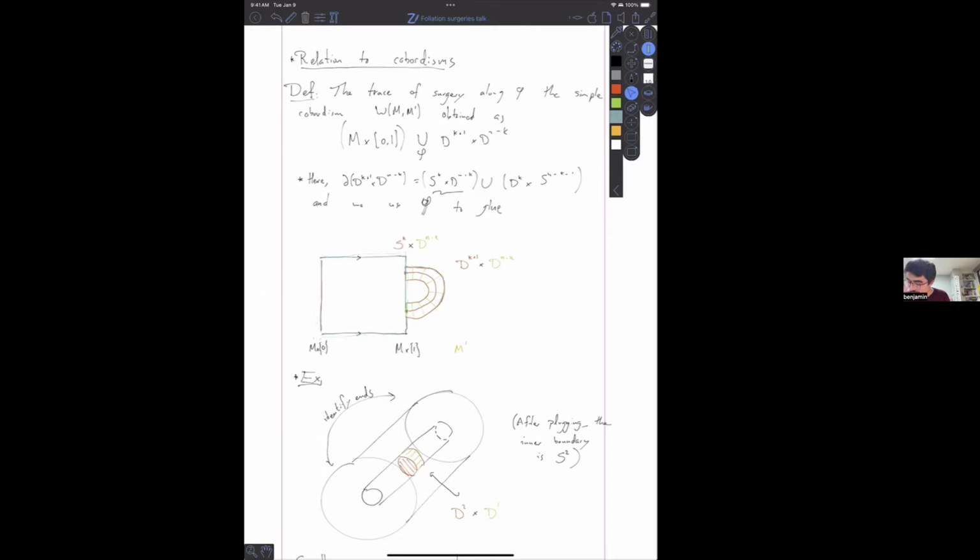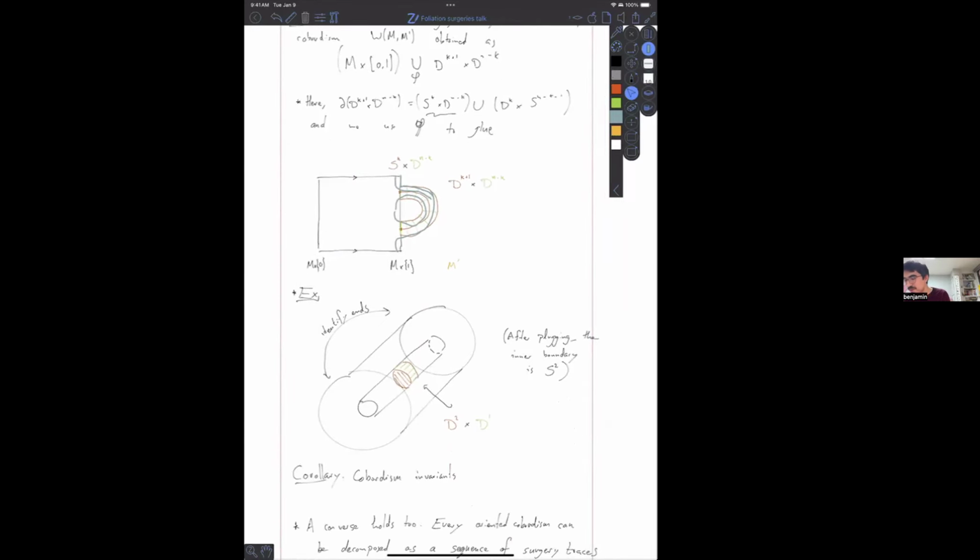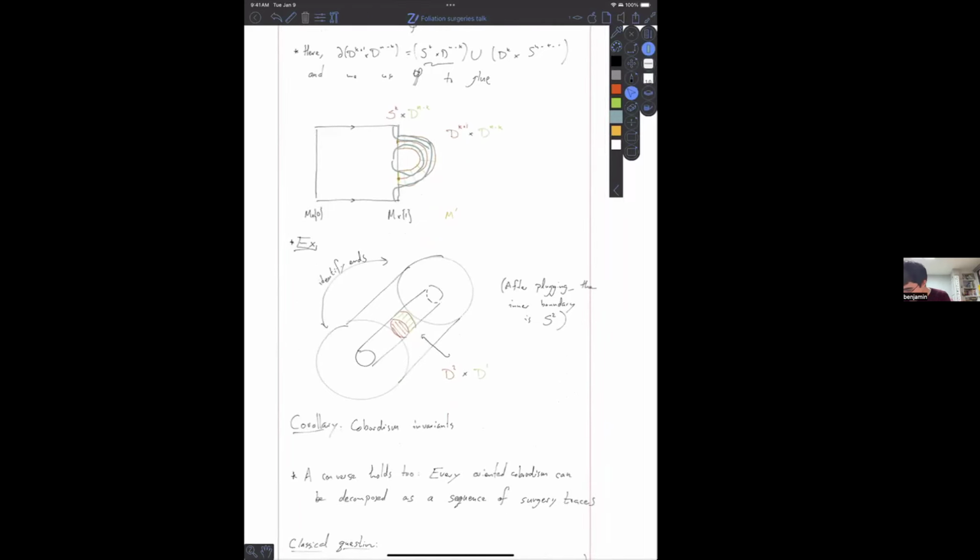And then you're attaching the disk times disk here, which this perspective makes pretty easy to see. For example, you might worry about the corners here. It's not a smooth manifold, but you can just take a little rounded submanifold and then it's smooth. And so you don't have to worry about making sure your surgered manifold is smooth again.